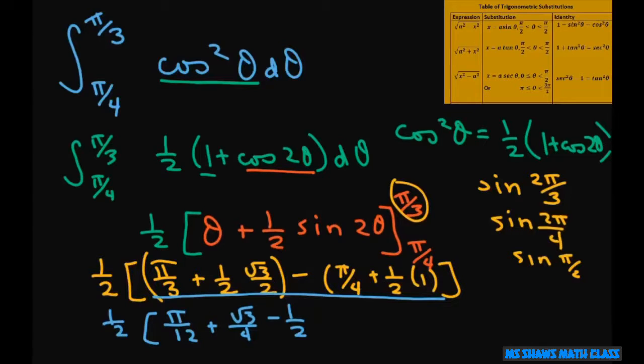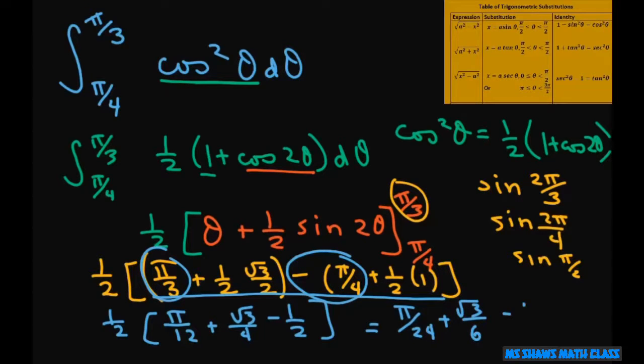When I subtracted these, I put the pi's together. And if you simplify that further, you're going to get pi divided by 24 plus square root of 3 divided by 8 minus 1/4. Basically, this should have been not 6, but an 8.